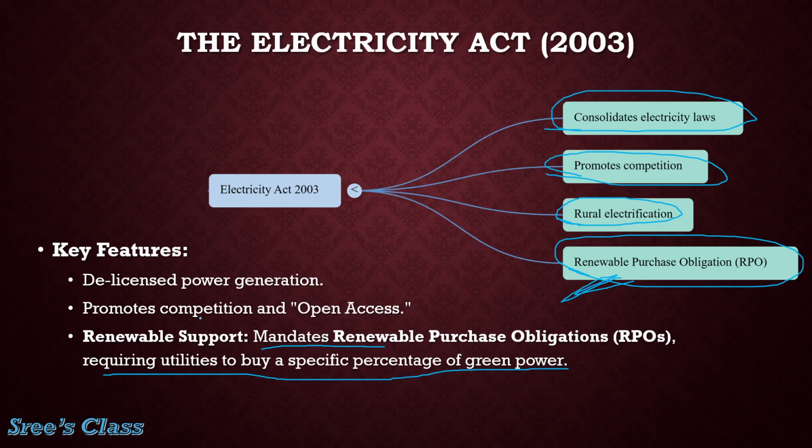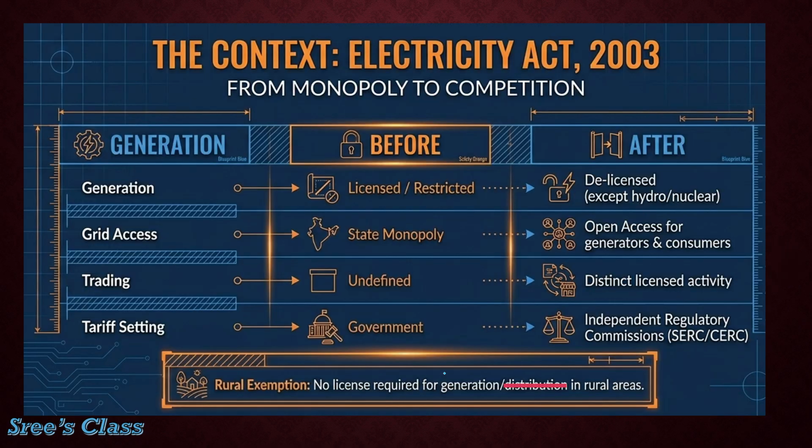And of course it promotes competition and open access, that is most important. Open access came through the Electricity Act. Before, there was actually a licensed system. Now there is no license, anybody can generate, but only distribution needs a license.